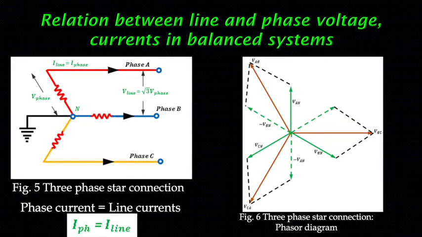Relation between line and phase voltages and currents in a balanced system. Now we will derive the relation between line and phase values of voltage and current of a 3-phase star connected system. The connection diagram and corresponding phasor diagram of voltage are shown in figures 5 and 6.